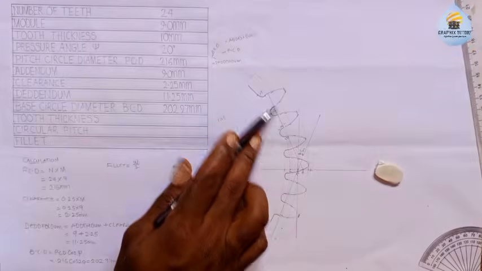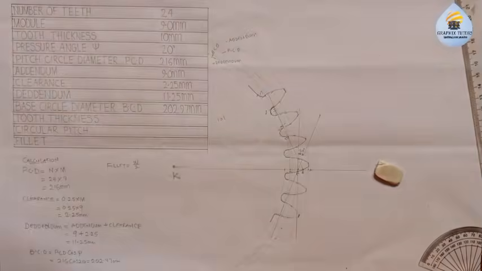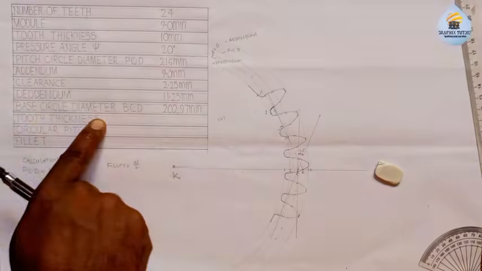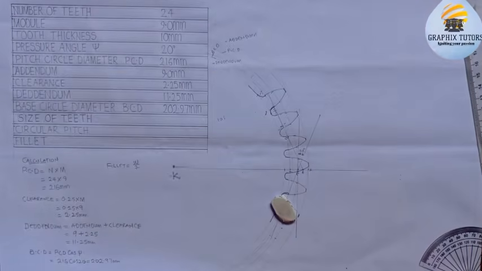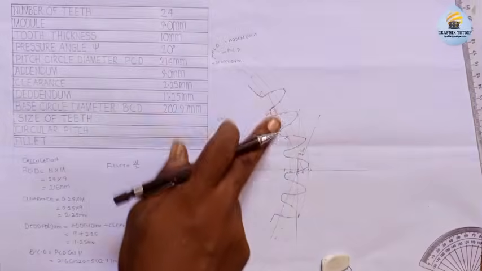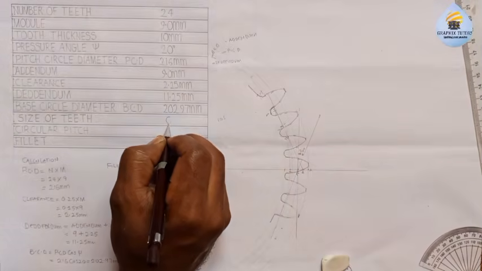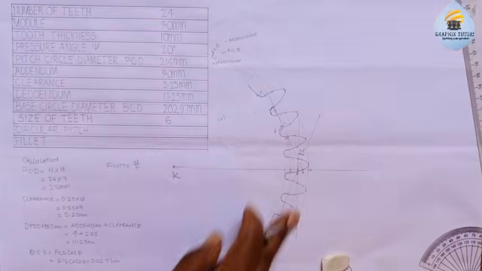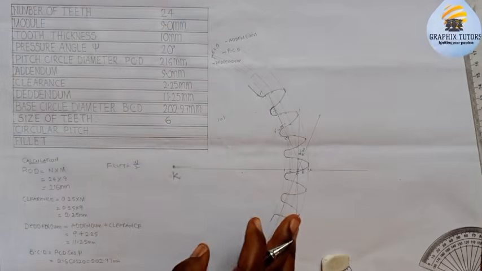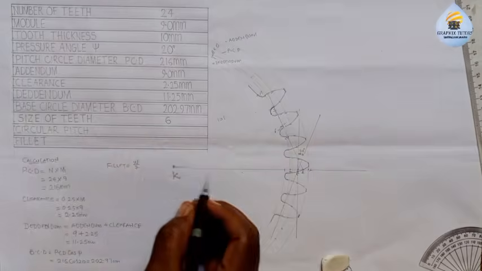So this is 1, 2, 3, 4, 5, 6. So I can easily switch this. I'll switch it for what? For size of teeth. So that is, we'll use that many. 1, 2, 3, 4, 5, 6. So I'll just write 6 here. So it can be any amount since it's not specified. Then we'll calculate the fillet to be 3.42.